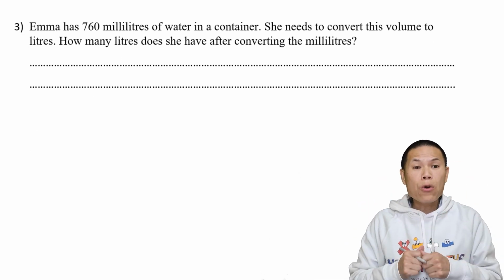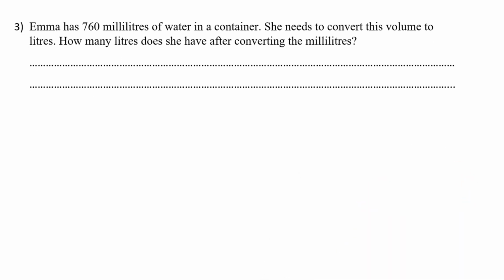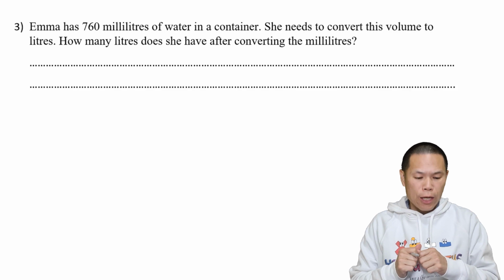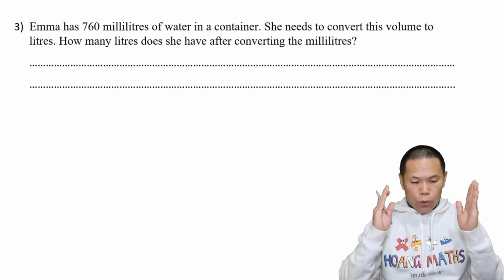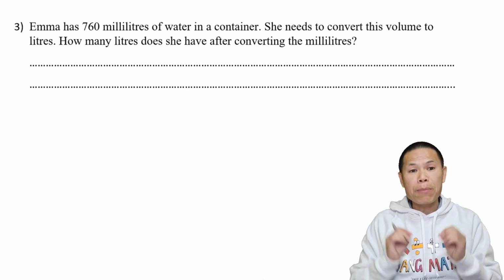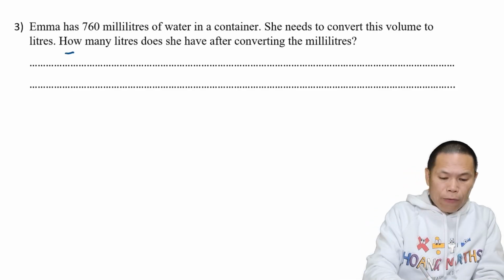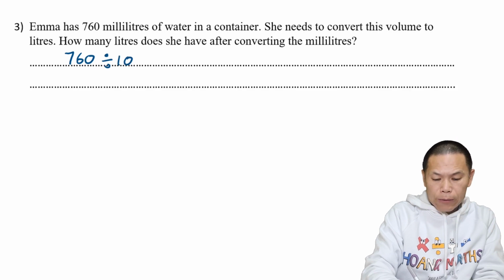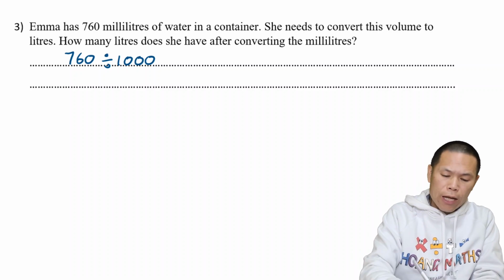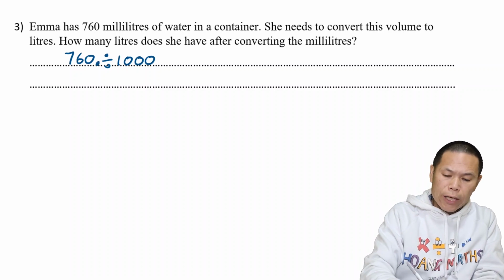Please pause the video. Try this one yourself. Hi there, I'm back. How did you go? Let me just go through it with you. So to convert milliliters to liters, we divide by 1,000. 760 we divide by 1,000. So no decimal point, it means the decimal point is right at the back of the number. So it's right here. We cancel this 0, we move 1.